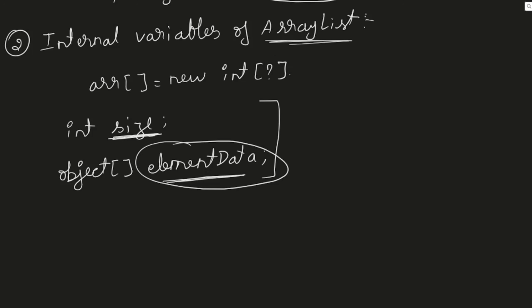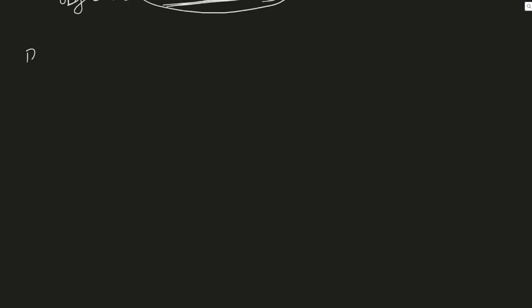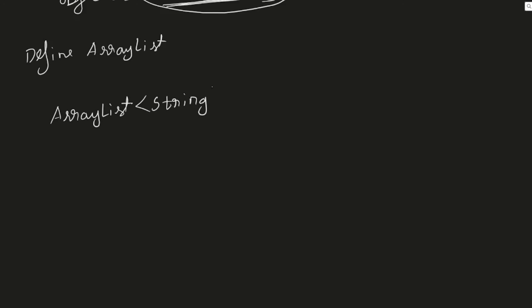Let us see how we can define an ArrayList now. We will have a data type which is ArrayList, and within these angle brackets we will pass the actual object data type of the elements of this ArrayList.